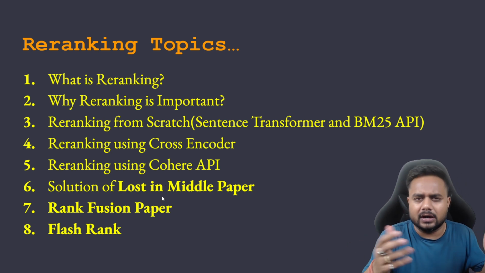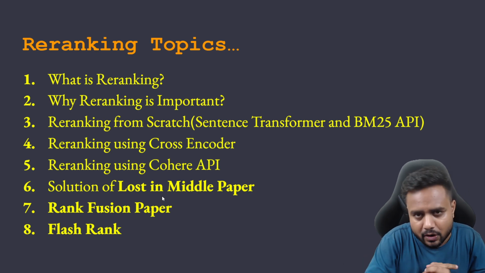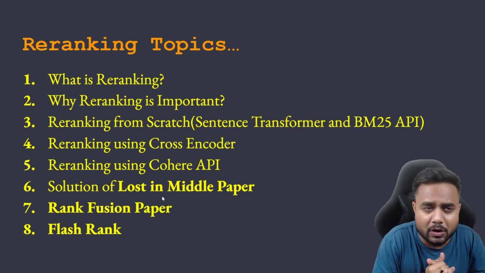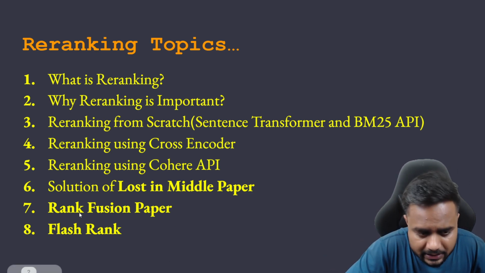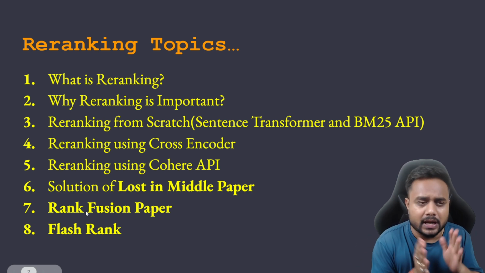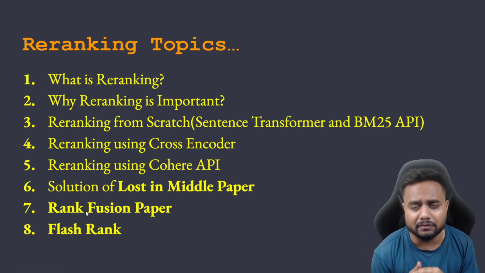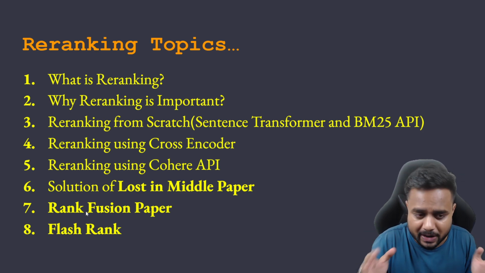Then I came up with some advanced concepts like the lost in the middle phenomenon, the merger retriever, long context reorder and all. Then I discussed rank fusion. Yes, this was very important, guys, and by using rank fusion, we can create a very robust RAG pipeline.